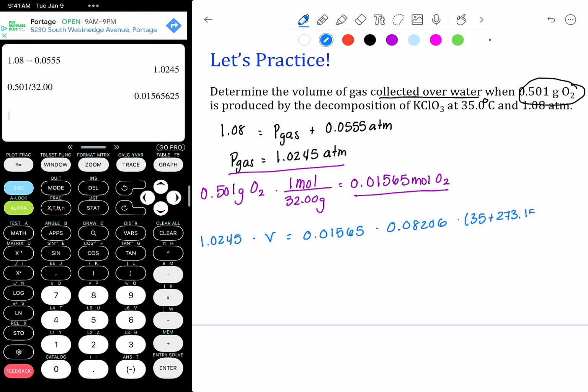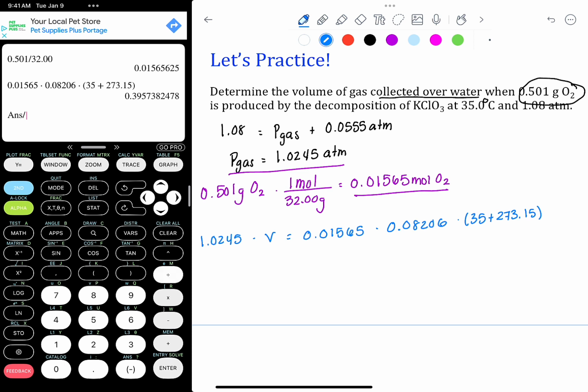So we're going to take that moles, 0.01565, multiply it by R, and multiply that by the temperature, 35 plus 273.15. We'll divide that by 1.0245 so that we can isolate the volume by itself, and we get a volume of gas of 0.38627 liters.